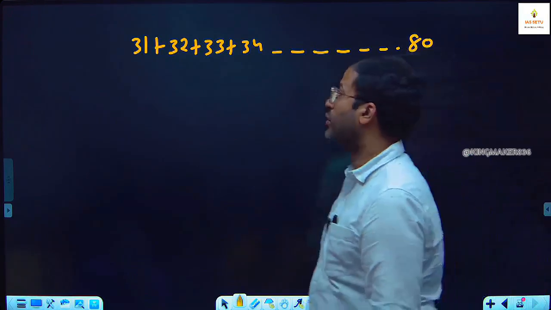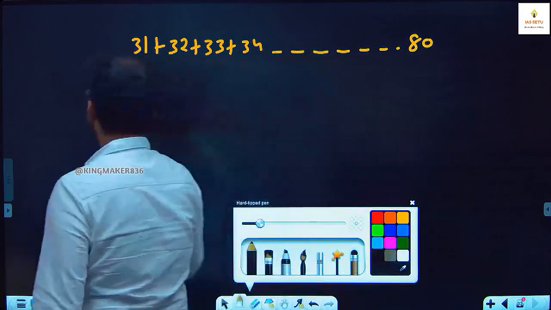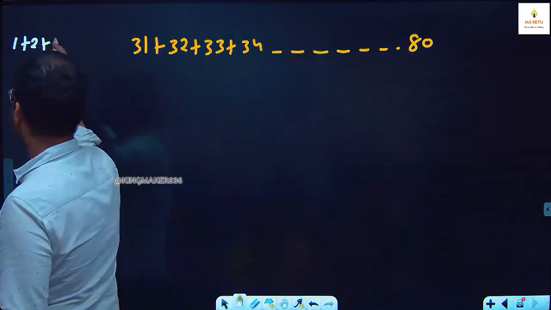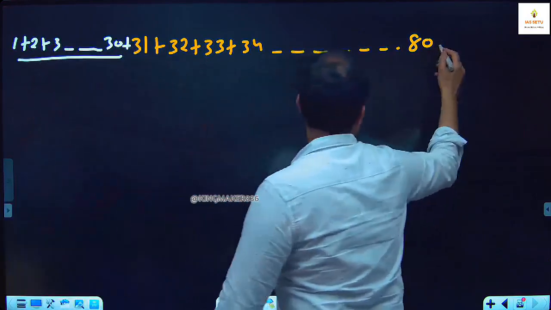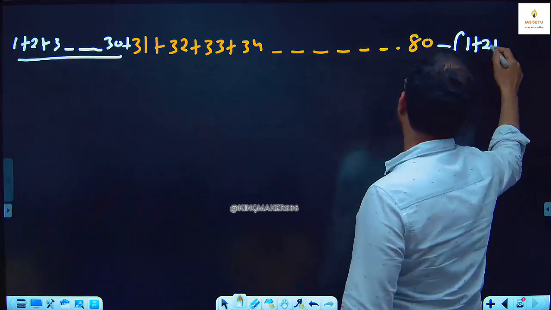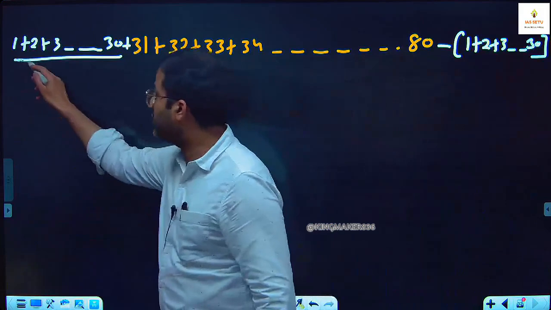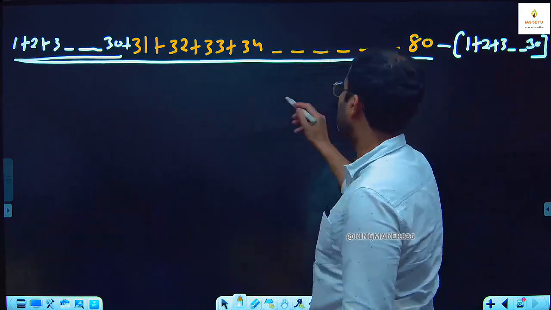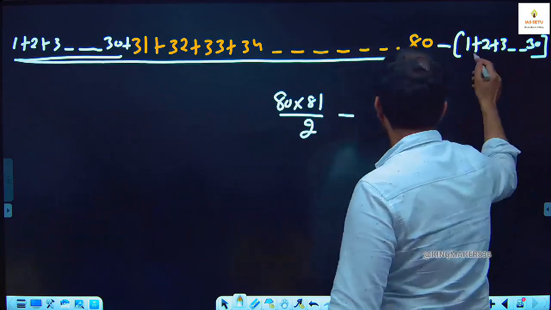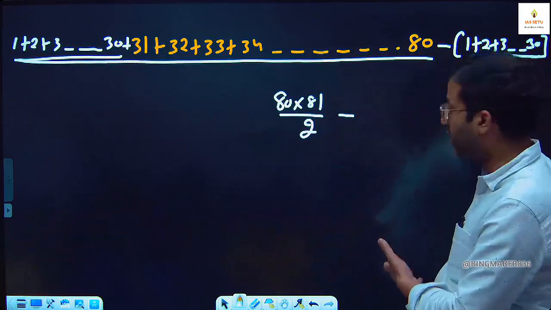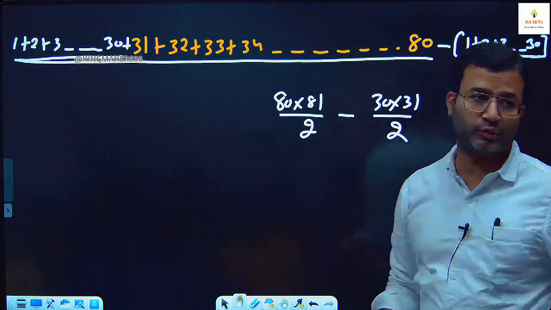Okay, so here what is missing? I will add 1 plus 2 plus 3 up to 30. Same thing I subtract, minus 1, 2, 3. So now it is a series 1 to 80. So it is 80 into 81 divided by 2 minus, ये चीज माइनस करेंगे, 30 into 31 divided by 2.